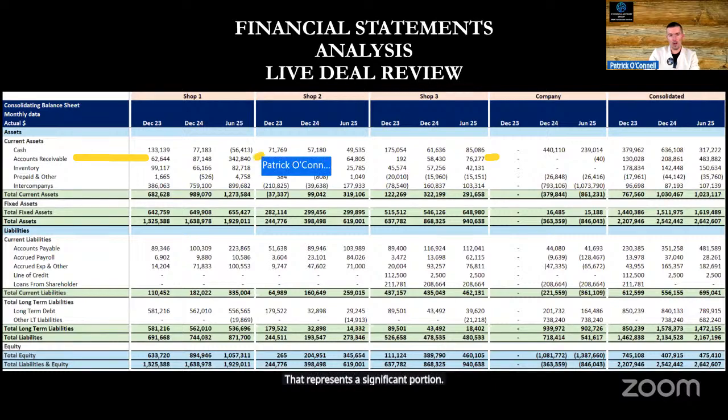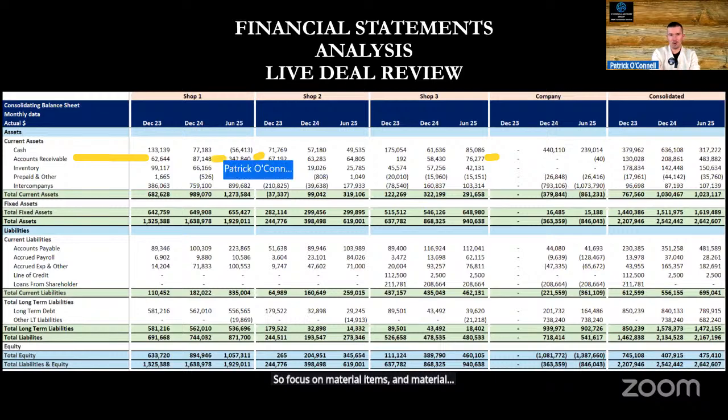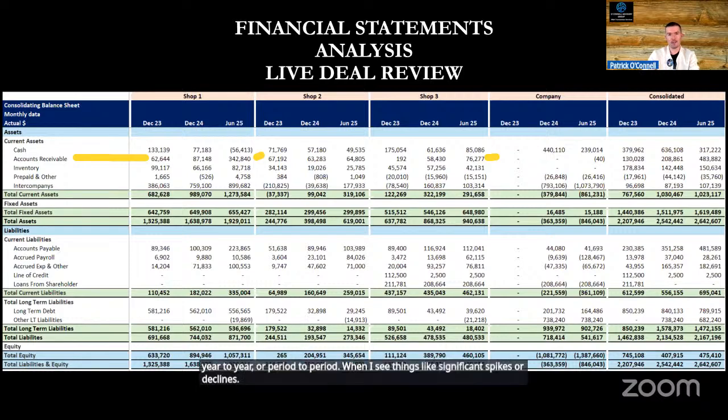So you're going to want to unpack at the shop level what those receivables look like, what kind of customers. We're starting to ask similar questions, but it's important when you're looking at multiple balance sheets that you stick to the same criteria we already established. Focus on material items and material changes year to year or period to period. When I see significant spikes or declines, you should be asking questions.